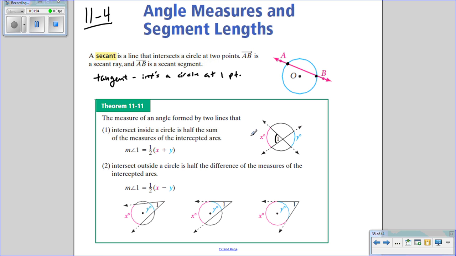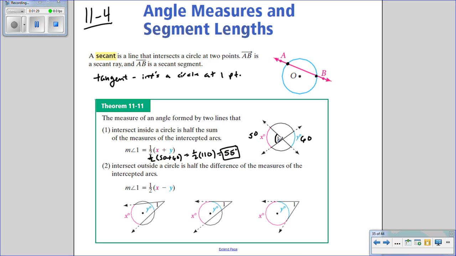Let's say this was 50, and this was 60. Angle 1 right here would be half of those two arcs added together. So it's half of 50 plus 60, which is half of 110, and half of 110 would be 55 degrees.